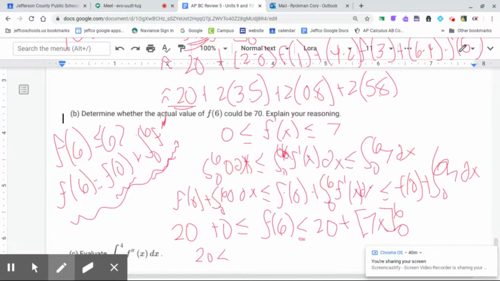So f at 6 must be greater than or equal to 20 and less than or equal to 20 plus 42, or 62. Now that's less than 70. So from that I can conclude that f at 6 cannot equal 70, because it must be at most 62. All right? Wasn't that cool?